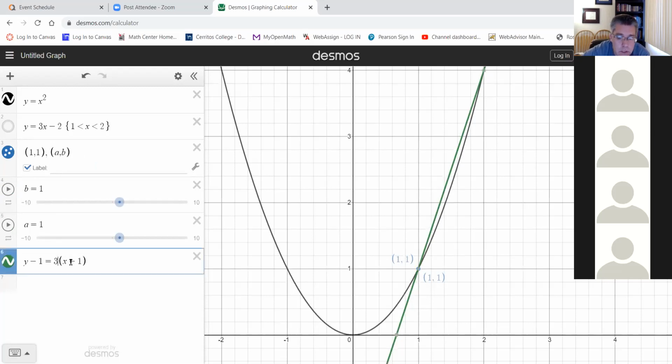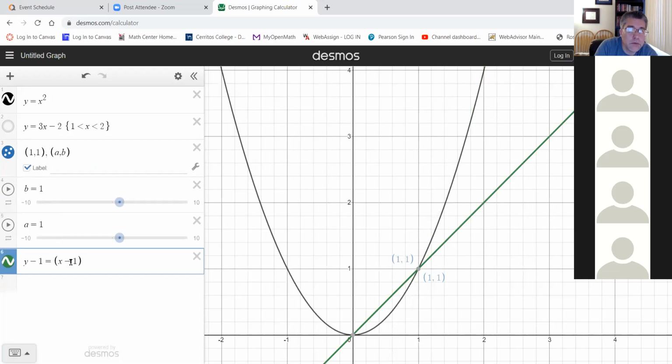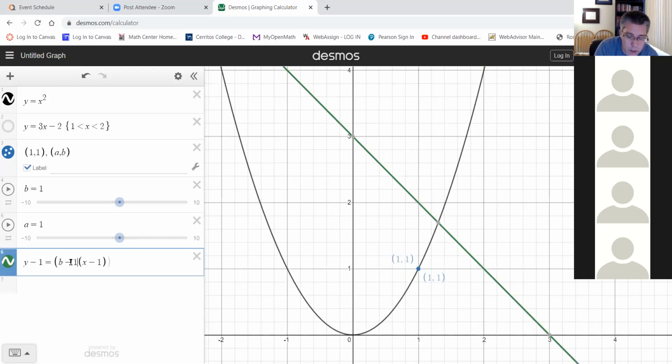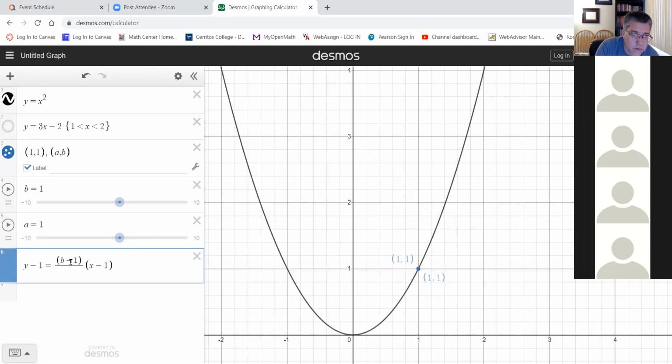So the slope of the line is going to be y2, which is B, B minus 1, y1, over x2, which is A, minus 1. That's going to be the slope of my line.